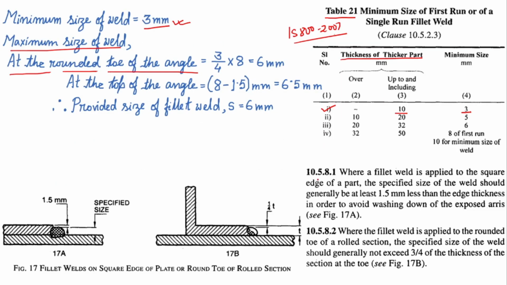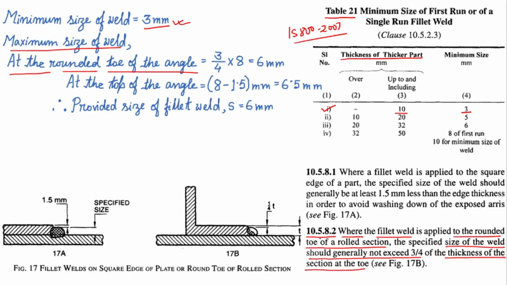So if I follow clause number 10.5.8.2 of IS 800, we will find that where the fillet weld is applied to the rounded toe of a roll section, the specified size of weld should generally not exceed 3/4 of the thickness of the section at the toe.